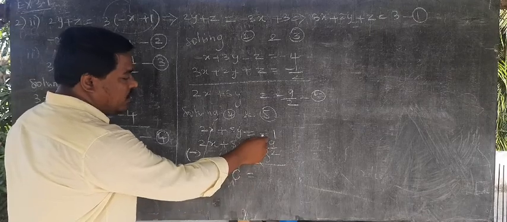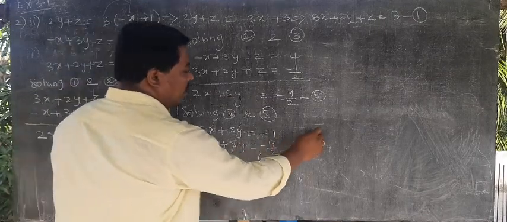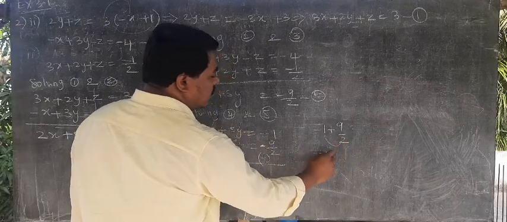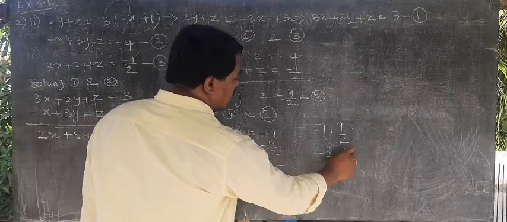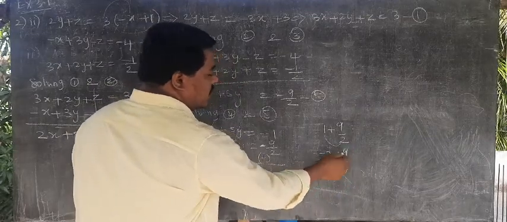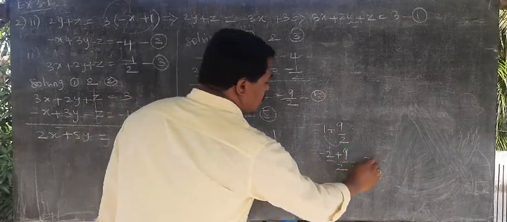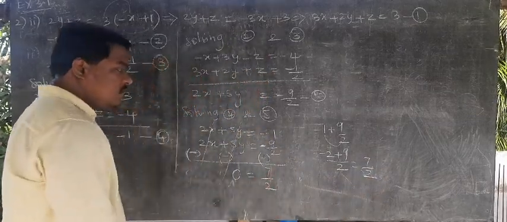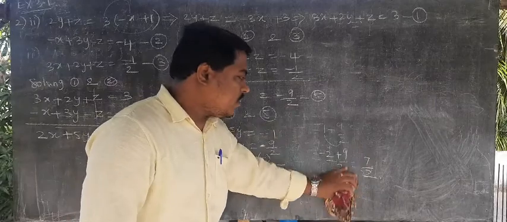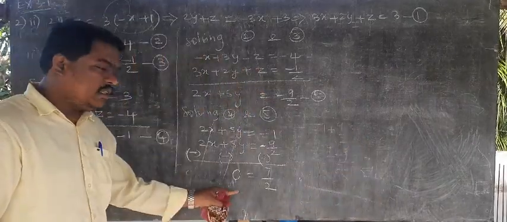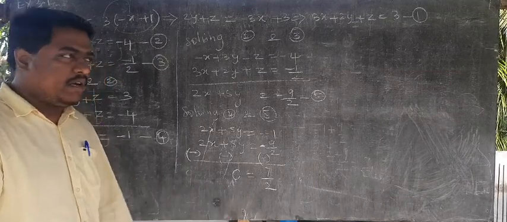Here minus 1 plus 9 by 2: 2 into minus 1, minus 2 plus 9, that is 9 minus 2, 7 by 2. So 0 equal to 7 by 2. Definitely 0 is not equal to 7 by 2.